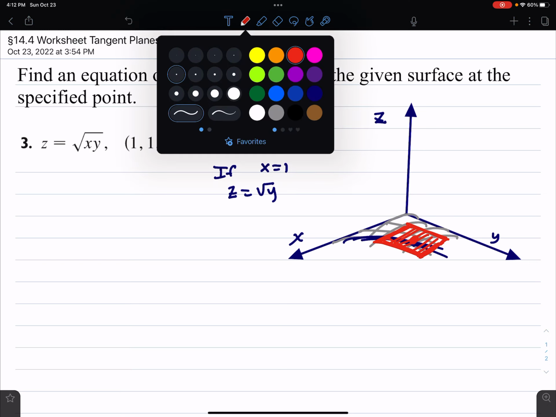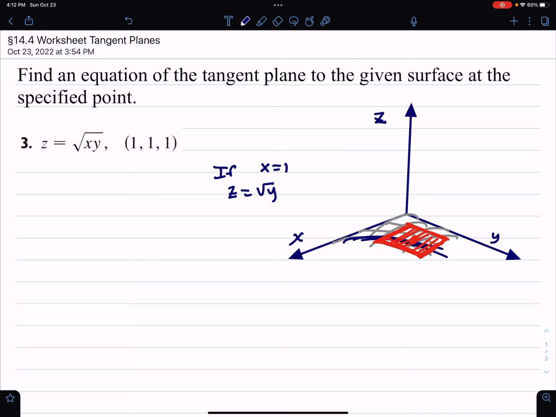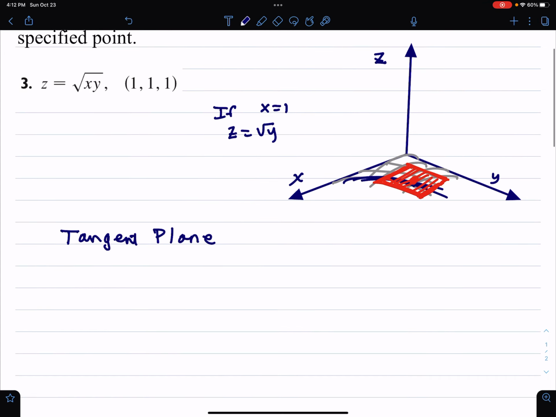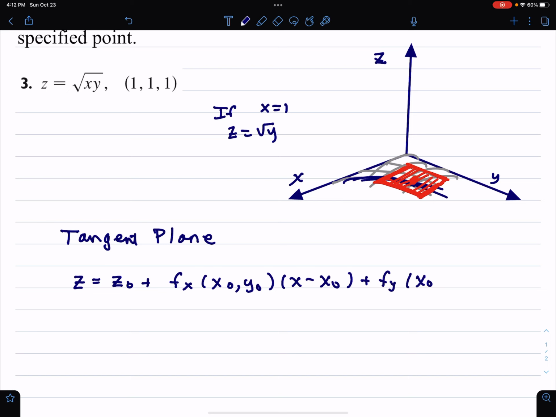And so let me get then to the tangent plane formula that we learned about, supposedly. So z equals z0 plus f_x(x0, y0) times (x minus x0) plus f_y(x0, y0) times (y minus y0).